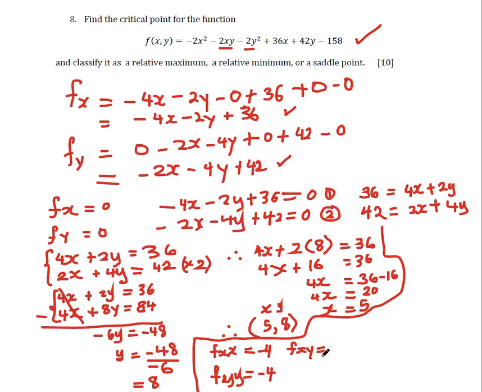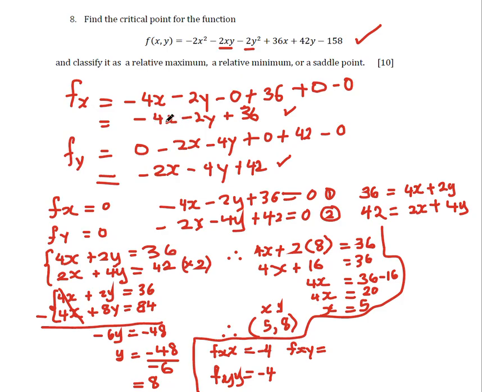Now for fxy, fxy now means that we're going to take the partial derivative of fx with respect to y. So that means we're going to differentiate the fx function here in terms of y. So when we differentiate this fx function with respect to y, negative 4x would be treated as a constant, so that goes to 0.